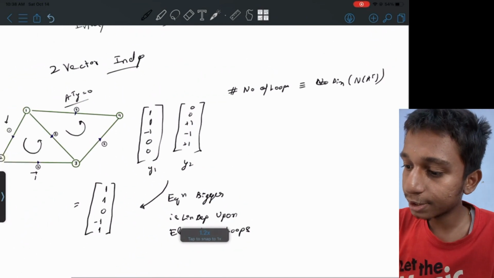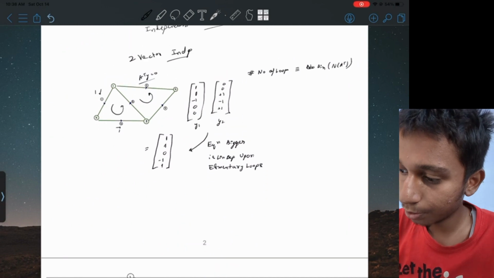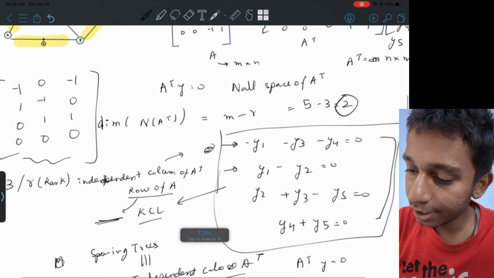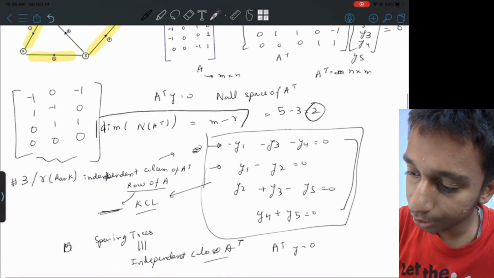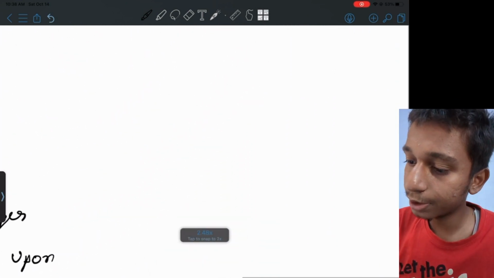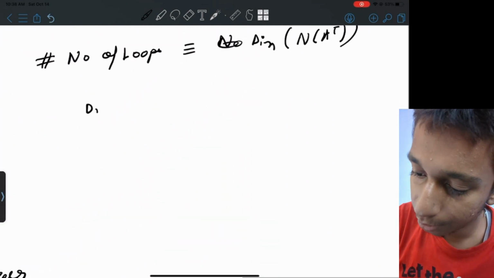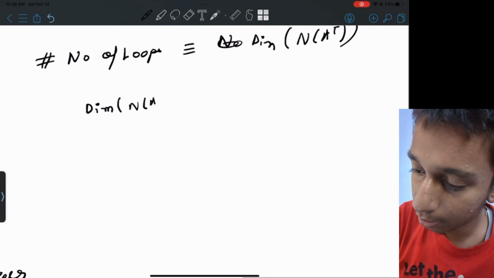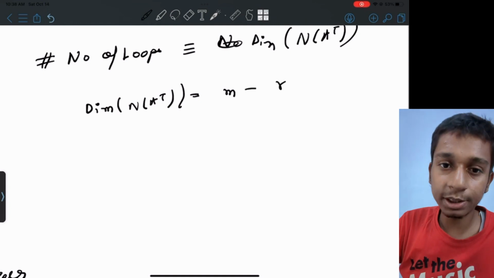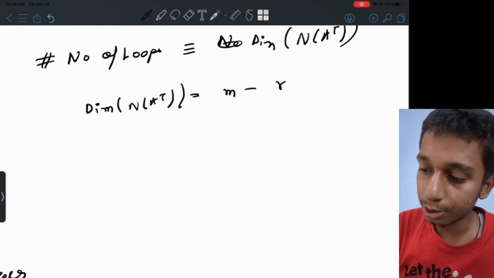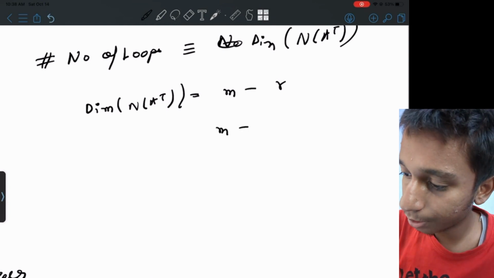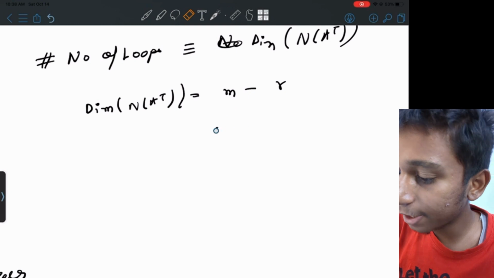So analyzing this further, since we have already gained this equation, which is the dimension of null space of A transpose is M minus R. So let's further analyze it. The dimension of null space of A transpose is equal to M minus R, as there are a total of M columns, and since we know that rank is, let me write in terms of words.